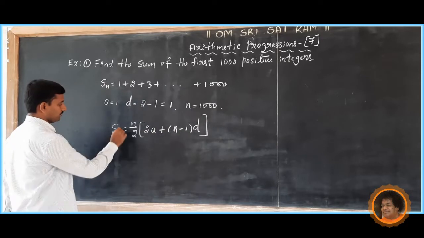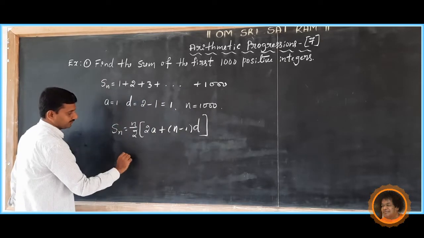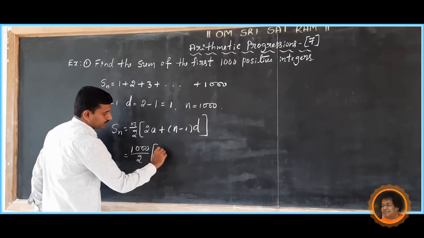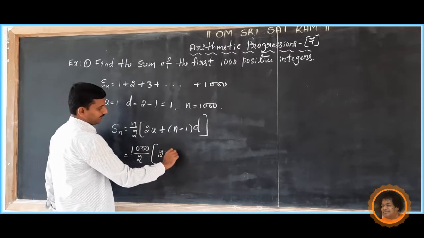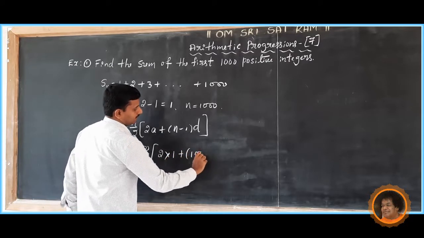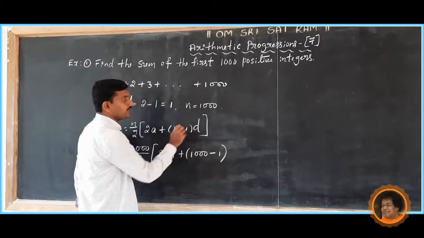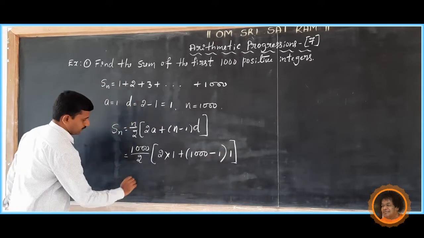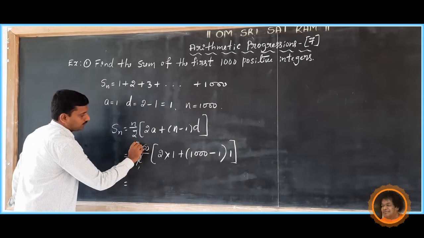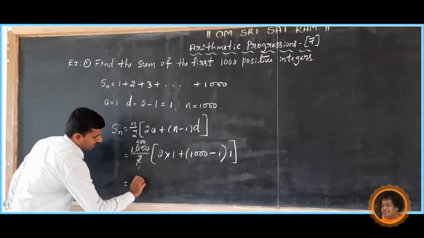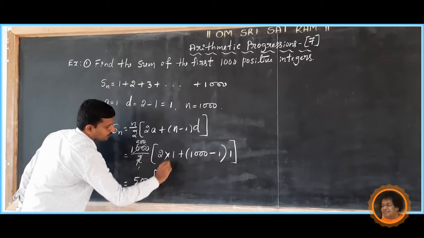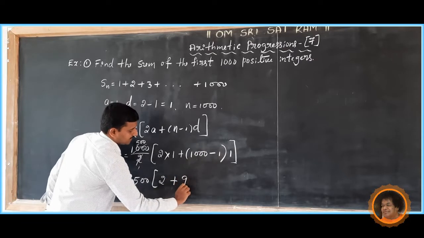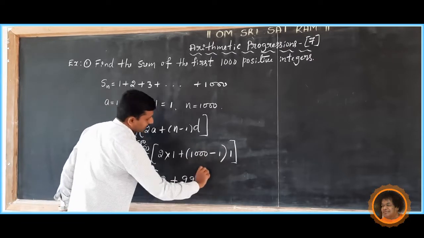Now substitute the values. S 1000 equal to 1000 divided by 2 into, the value of a is 1, plus 1000 minus 1 into d. Common difference is also 1. Now simplify. 2 ones are 2, 500s are 500 into 2 plus 1000 minus 1, that is 999 into 1.